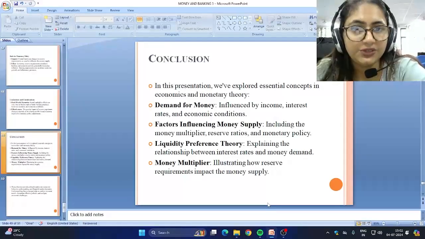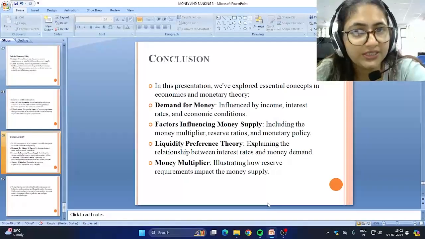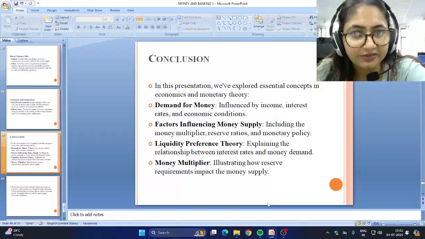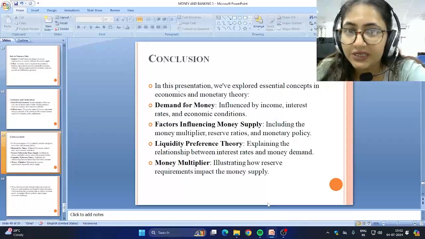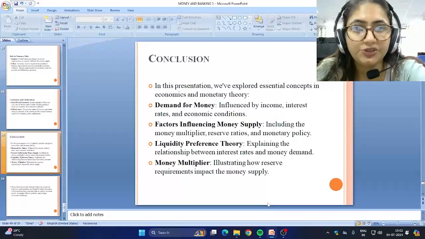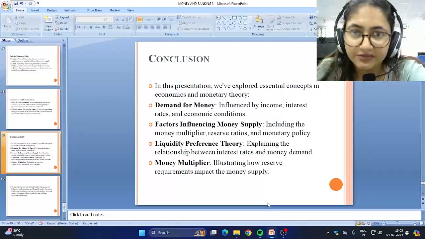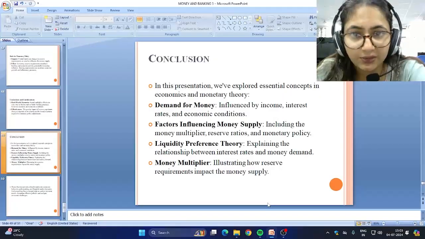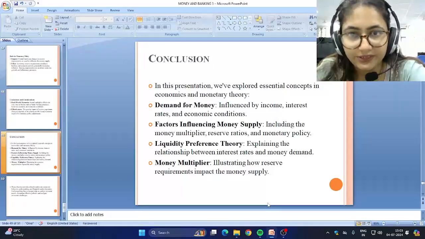We have also discussed the factors influencing money supply. We have examined key factors such as money base, monetary base, money multiplier, reserve and currency ratio, and monetary policy. These factors collectively determine the total amount of money circulating in the economy at any given point.